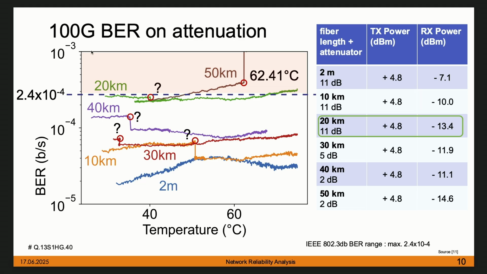So the goal is always to have a big exponent number, and there is a demarcation line, the 2.4 multiplied by 10 to the power of minus 4, and that's basically a definition by IEEE where it says, okay, this is the maximum of bit errors you should achieve, because otherwise your forward error correction won't be capable of correcting those errors any longer. And then the errors will be handed over from, let's say, layer 1, layer 1.5 to layer 2, and you will encounter framing errors on layer 2.